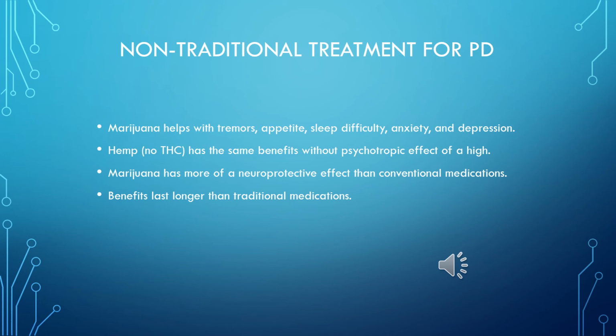They have found through research that marijuana, for whatever reason, has more of a neuroprotective effect on the brain of Parkinson's patients than conventional medications, and that also the benefits of marijuana last longer than traditional medications. And I can only imagine that this is because marijuana is a natural drug, and natural versus synthetic, of course, you're going to get better benefits from the natural solution.